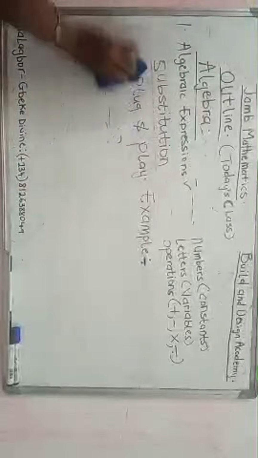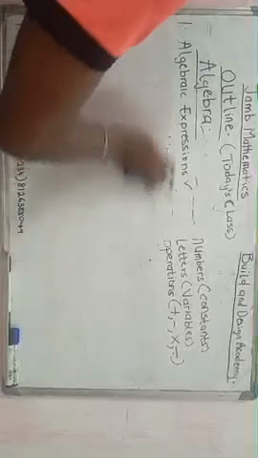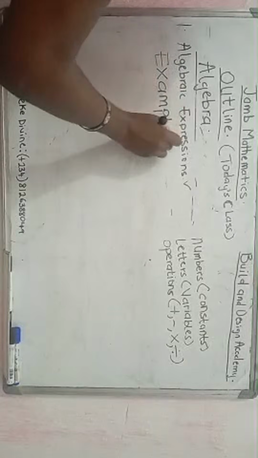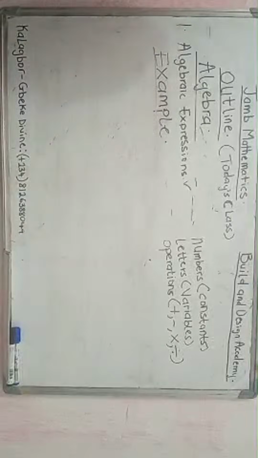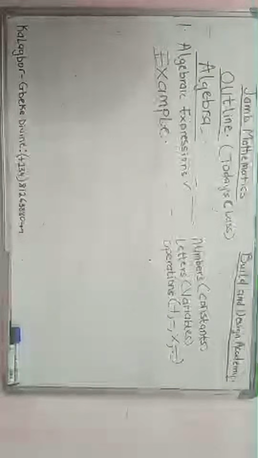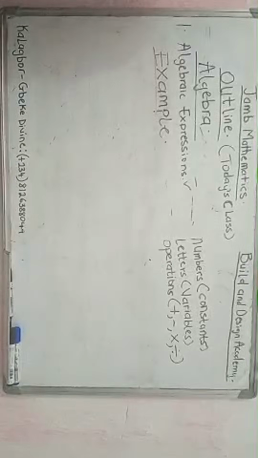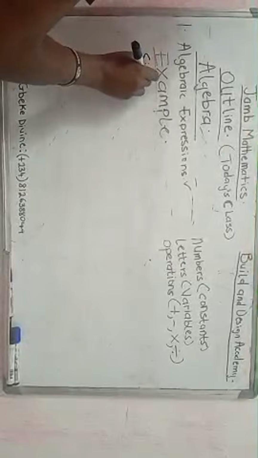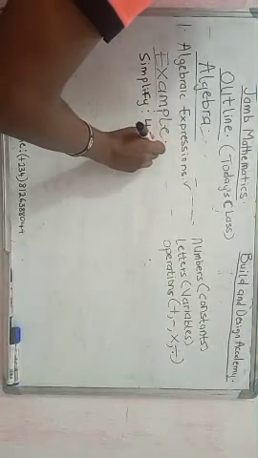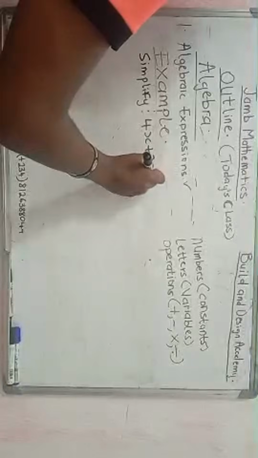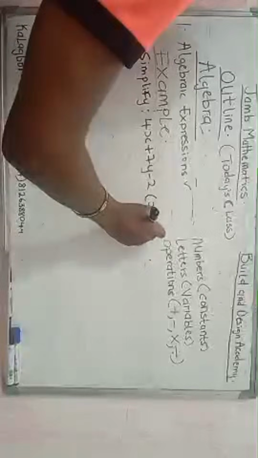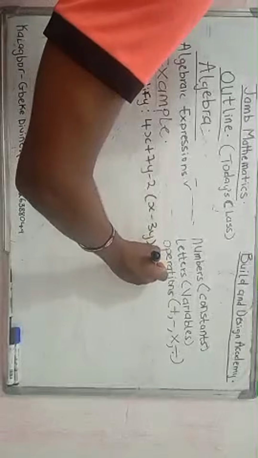The question says, simplify 4x plus 7y minus 2 into x minus 3y plus 5.